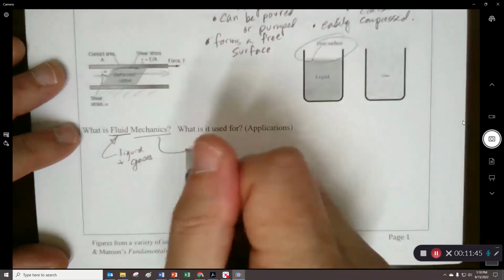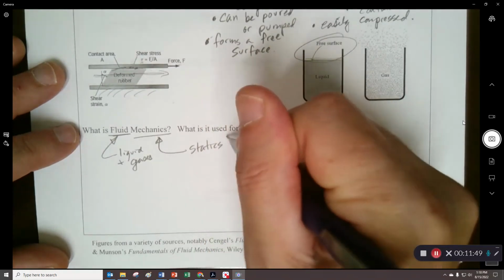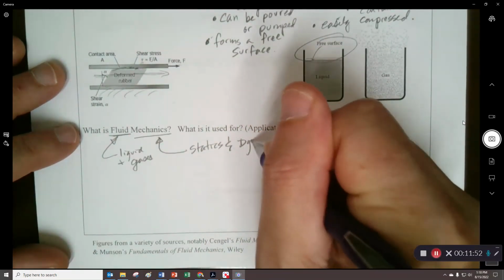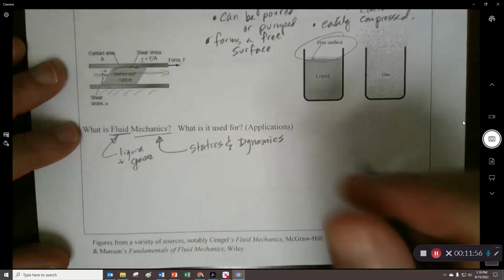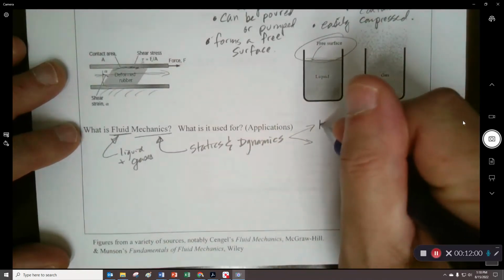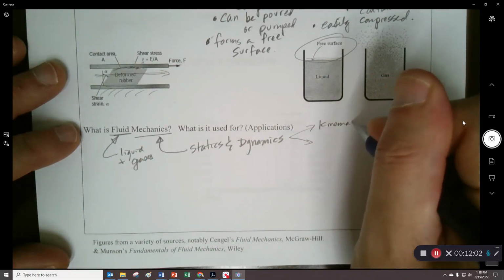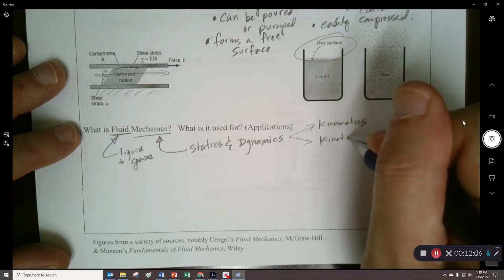In mechanics, there is statics and dynamics, which you just took last year, right? And remember that dynamics is broken up into kinematics and kinetics.